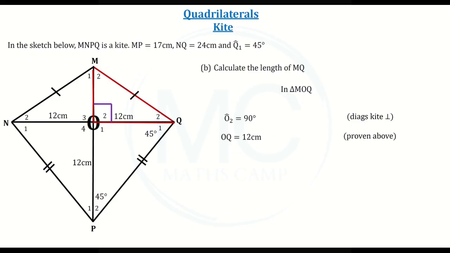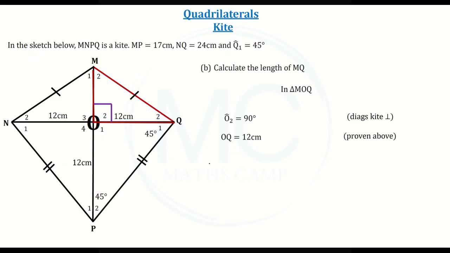Now we have a right angle triangle and one known side. So we could possibly use Pythagoras' theorem to find the length of MQ. But to use the theorem, we need two known sides. So we need to find the length of MO.